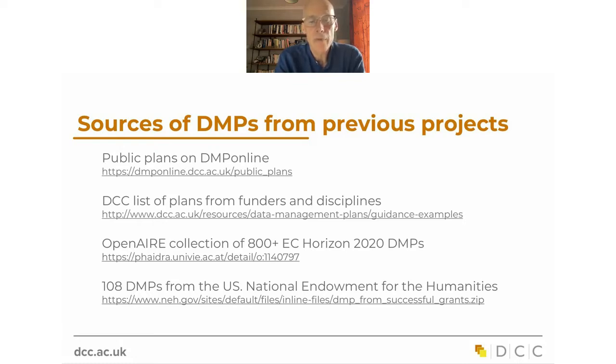Humanities data management plans were released a few years ago by the American National Endowment for the Humanities, and that's another good collection. Again, these are from projects that have been funded, so they should, in theory, be good plans. They're not always.